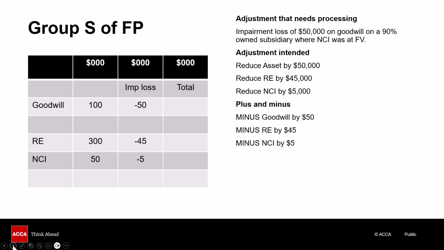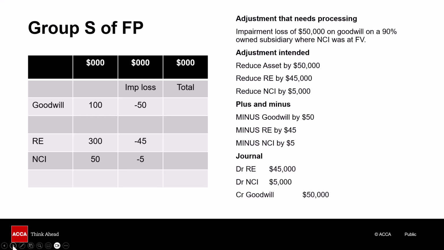Now, for some of you, you might want to think about the journal, but not if it slows you down. This is a complete answer already, but in the group statement of financial position, top and bottom, when you make an adjustment, ultimately we'll have to balance.